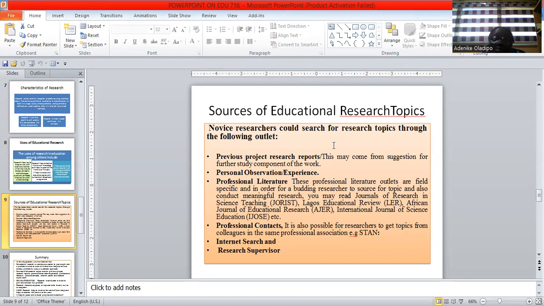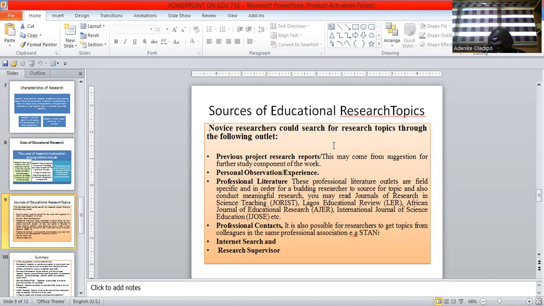That is only possible if you attend conferences like the Science Teachers Association of Nigeria. If you attend such conferences, the areas of educational research topics are most of the time being spoken about.